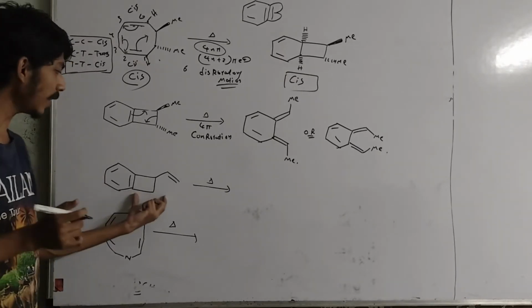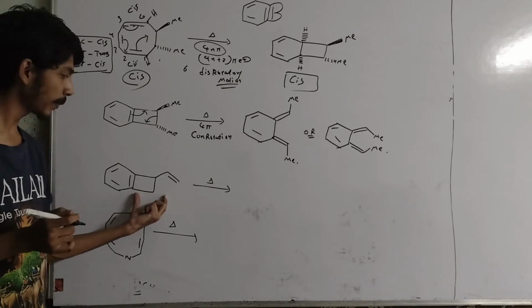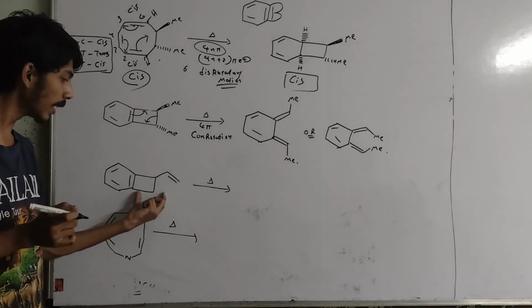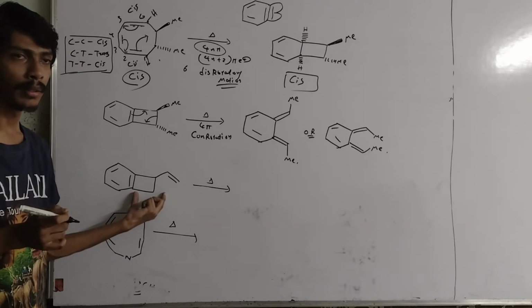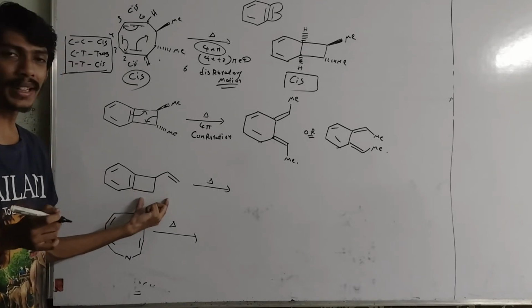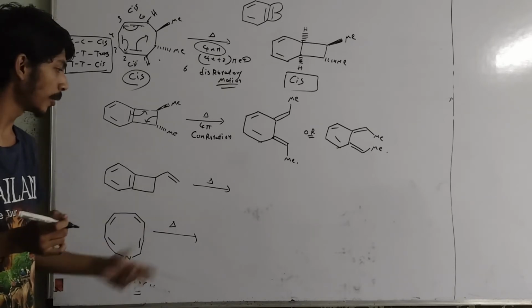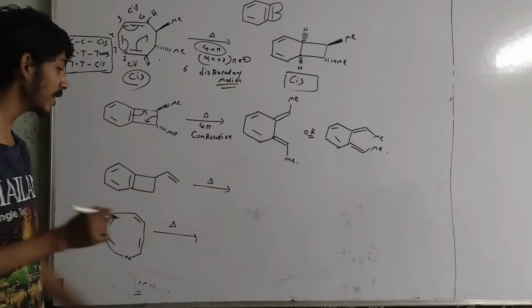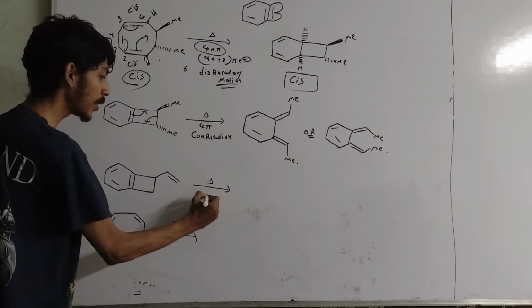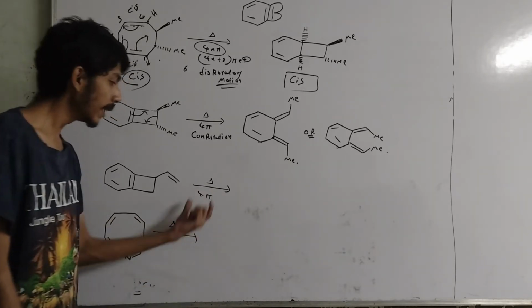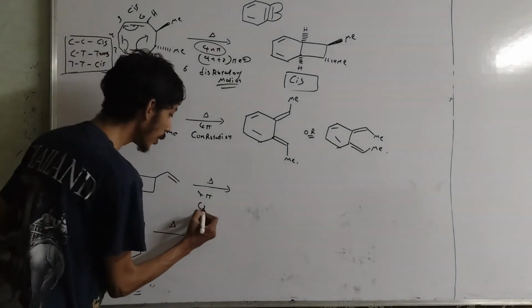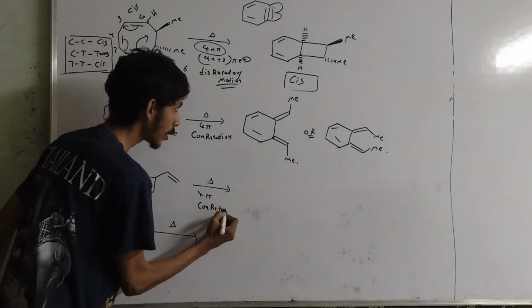So in the third chemical equation, here also the electrocyclic reaction occurs. Here the ring opening happens in the heating condition. This is a 4n pi electron system, and in the 4n pi electron system, in the heating condition, it will occur through con rotation.